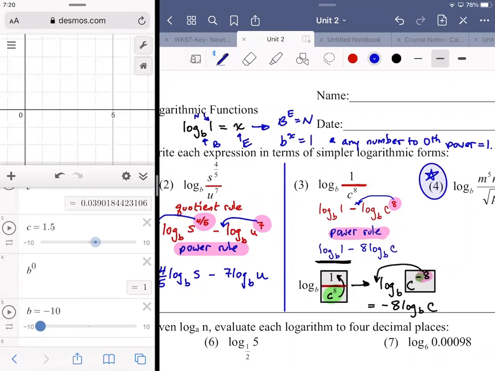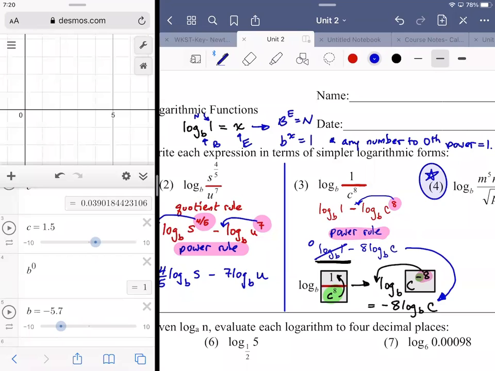That B to the 0th is always equal to 1. So that result is always going to be equal to 1. So log base B of 1 is equal to 0. And so therefore, this cancels to 0, and our final result would actually be -8 log base B of C. So there's that extra little twist in there.